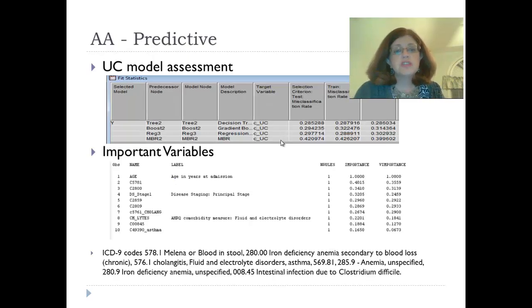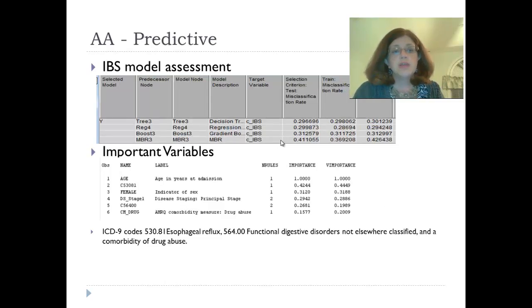For UC, the important variables were ICD-9 codes related to blood in the stool, a variety of anemias, the cholangitis, electrolyte disorders, asthma, and the C. diff infection. For IBS, ICD-9 codes that resulted included the reflux, functional digestive disorders, and a comorbidity of drug abuse.